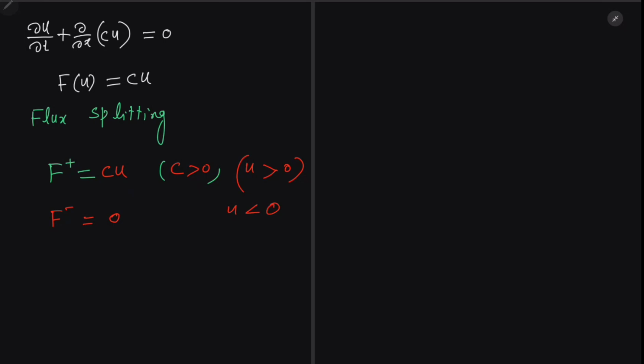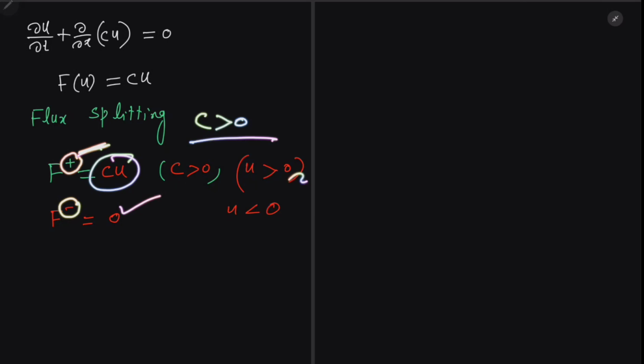Since the flux is defined as all the waves which have positive speed and all the waves which have negative speed, and since both these cases stand for c greater than 0, all the contribution will be due to the positive flux. So this will be 0.